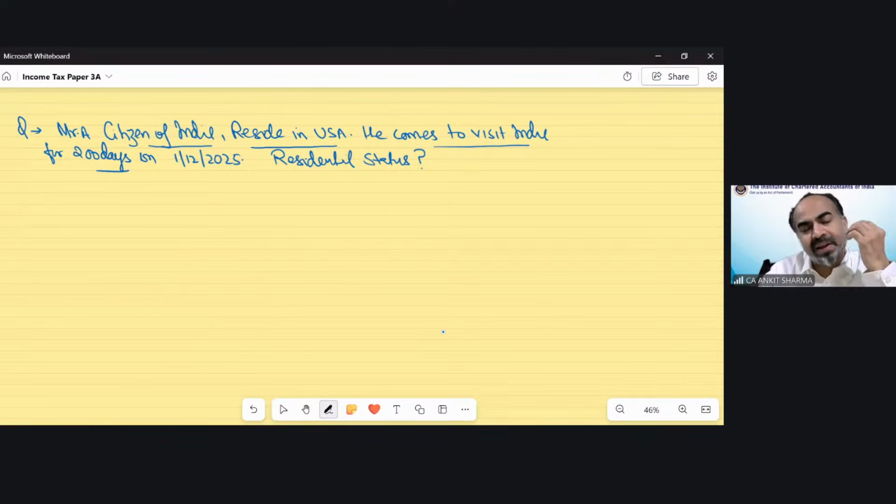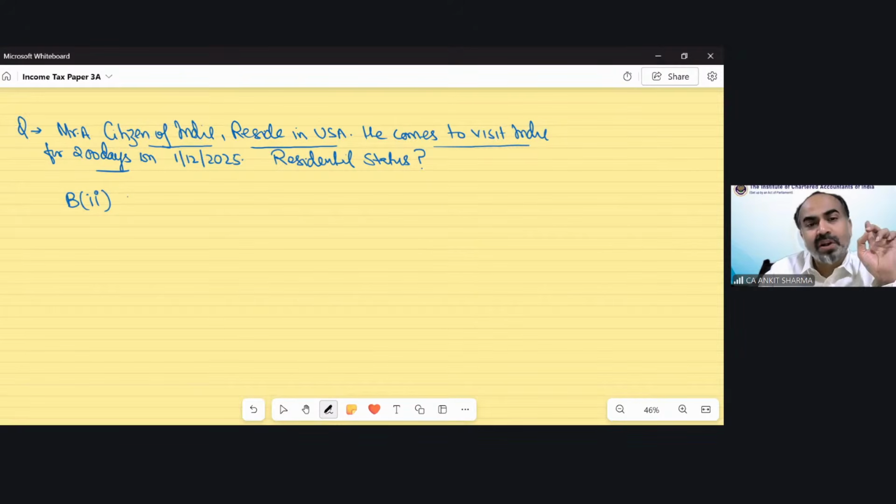He's residing outside India, a citizen. So technically it's B category, second point. Clear? If you fall in B category, second point, you do not need to mention this in the examination. That is for your processing. Once you find out the correct category, you will be able to apply the condition.